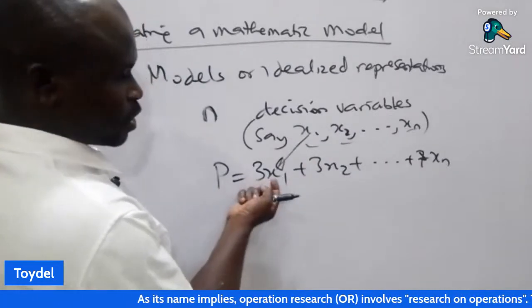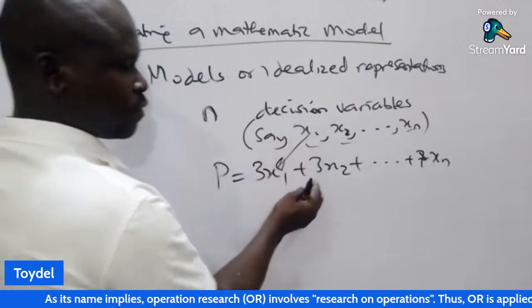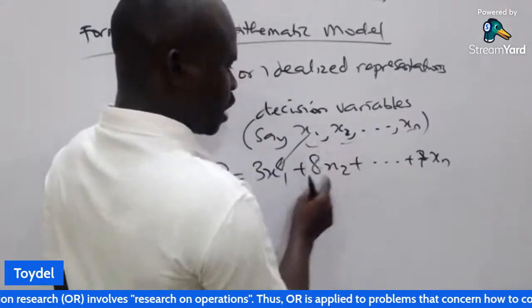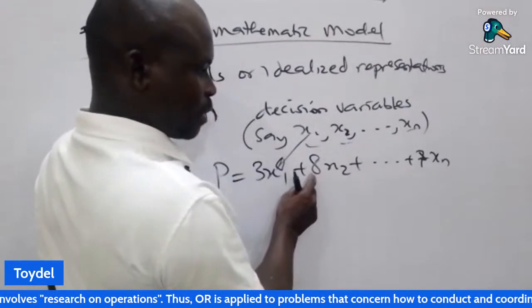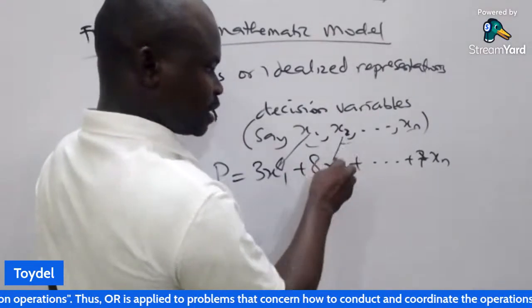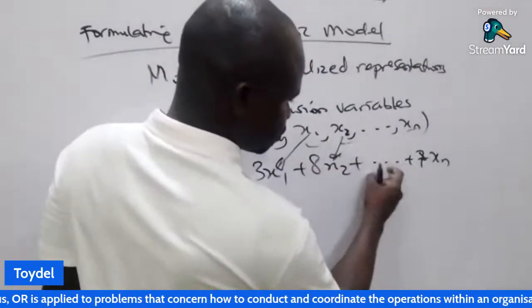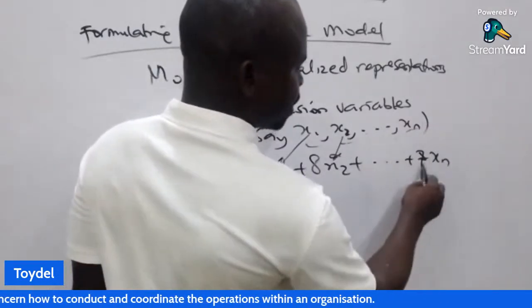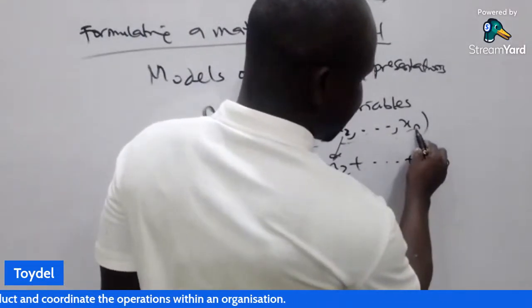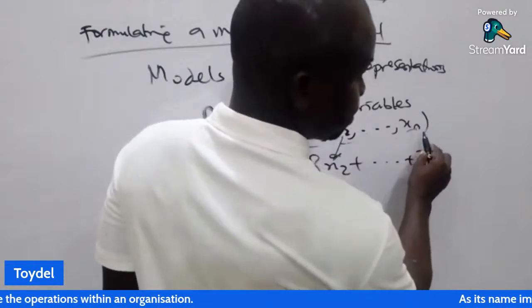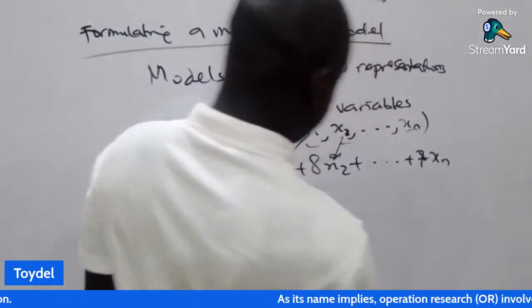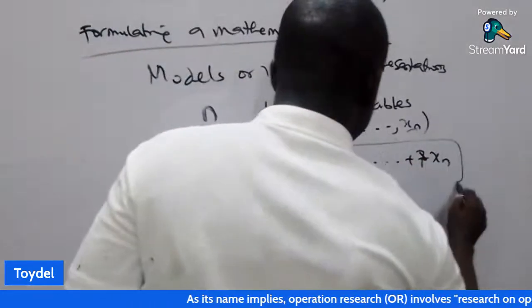If there are 3 commodities at this price, let's say this one is 8. For x2, the coefficient here is 8. We are talking about 8 of this commodity. The ellipsis simply means there are some values in between. Then the last variable, say x9, has 7 as the coefficient. So this is what we have here.